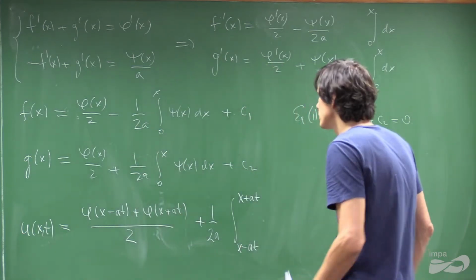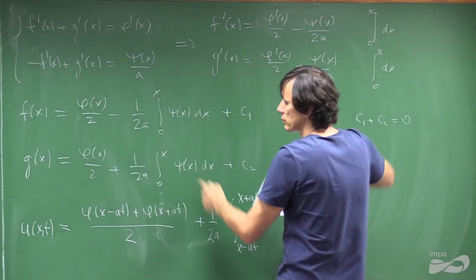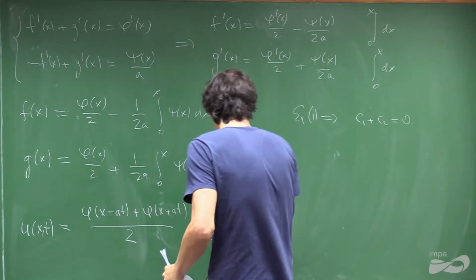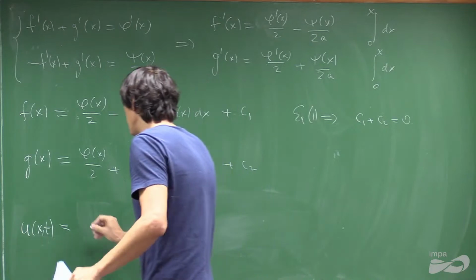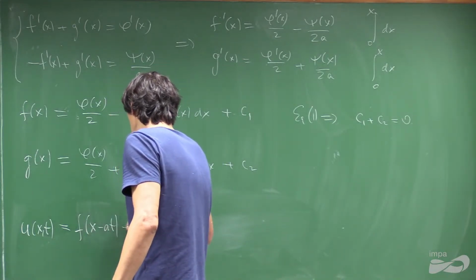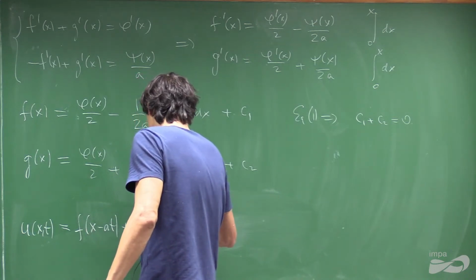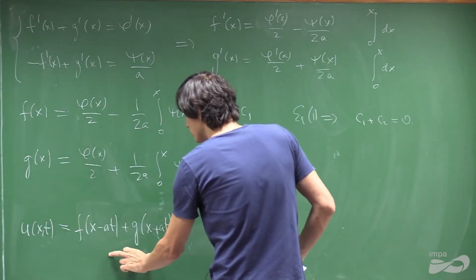Let's make it clearer, probably this is not very clear, so I'll make an intermediate step: x minus at, plus g, x plus at. And then you use these two expressions inside.